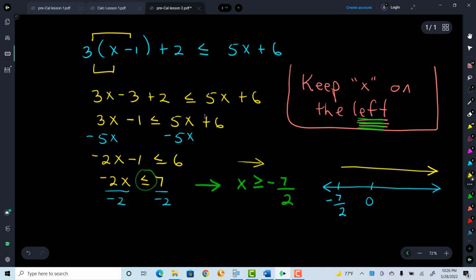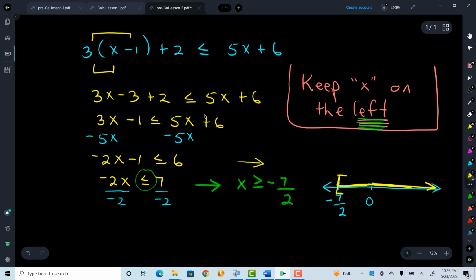Now, in the old days, in the Algebra 2 days, the way we graphed it was we put a solid circle here, and then we said, okay, everything going that direction. Well, now we're going to use a slightly different notation. Instead of using a circle, I'm going to use a bracket, like this. And then I'm going to point my arrow this direction.